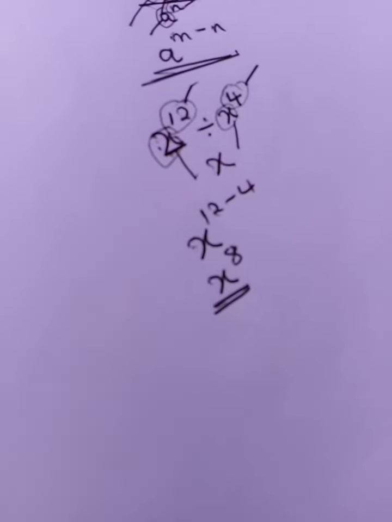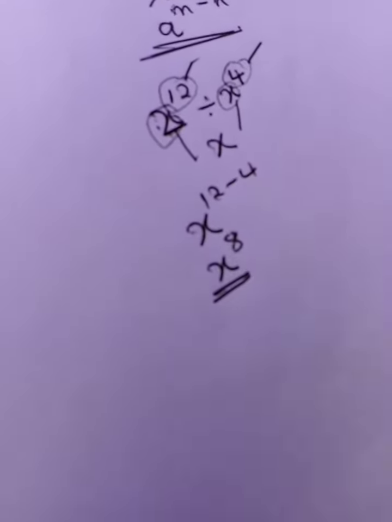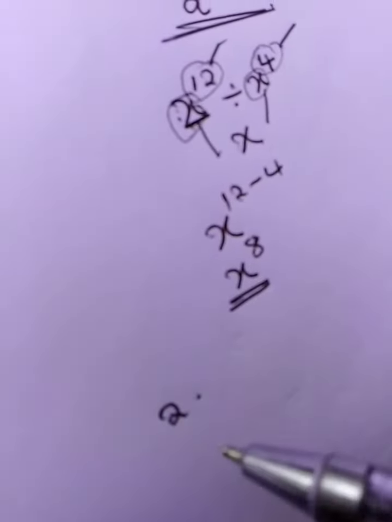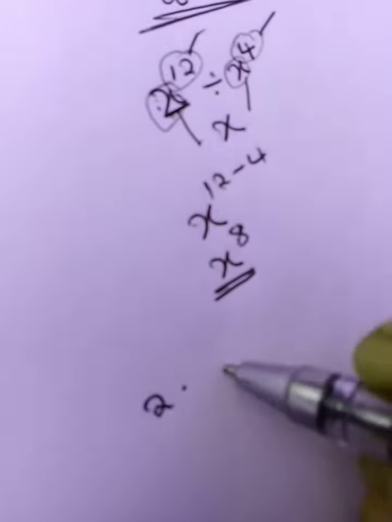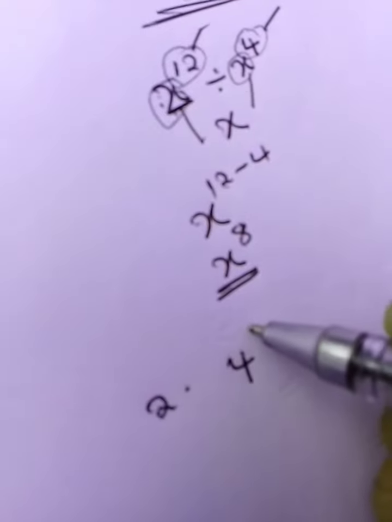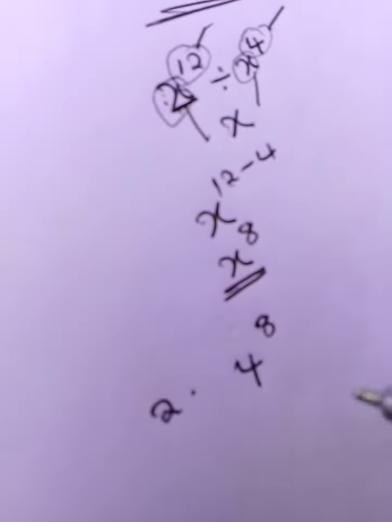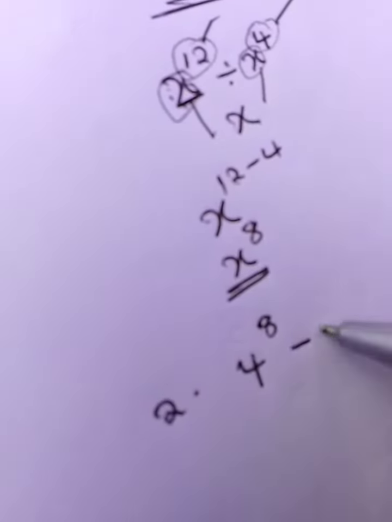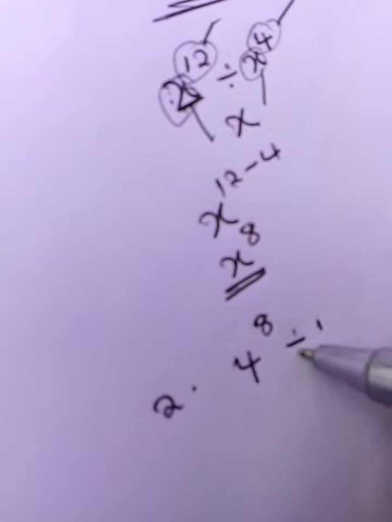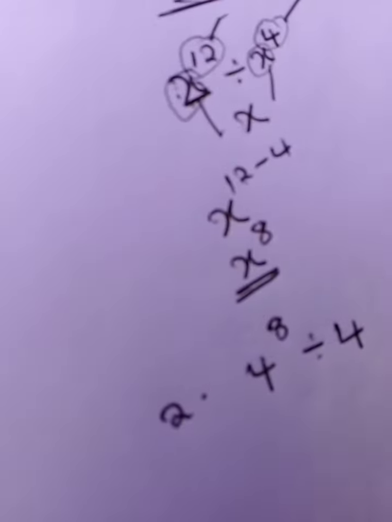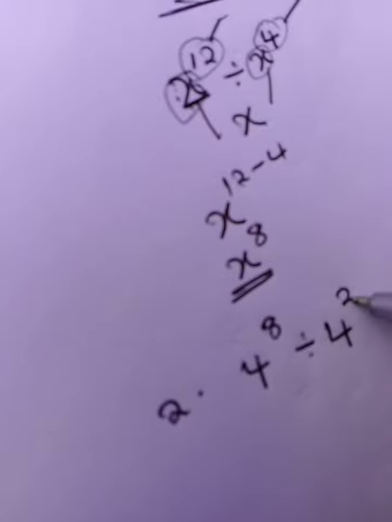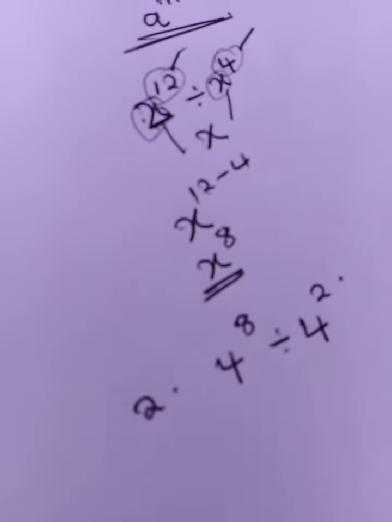Let us have the second example on the division rule. Here we have 4 to the power 8 divided by 4 to the power 2.